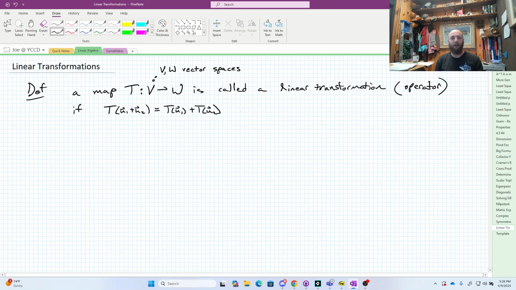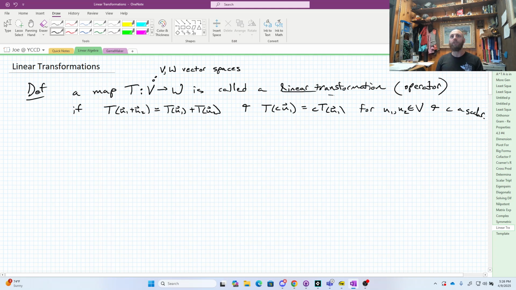A matrix is a linear operator. This is really helpful. Okay, and T of c u1 is c times T of u1, for u1 and u2 in V and c a scalar. Okay, so that's what a linear transformation is.